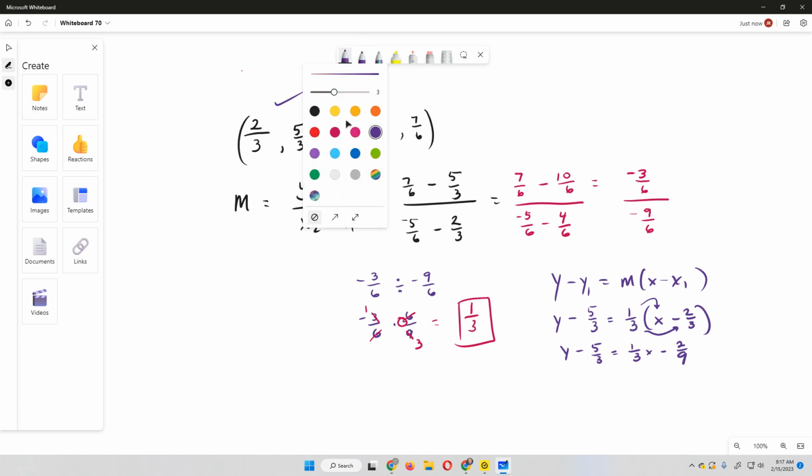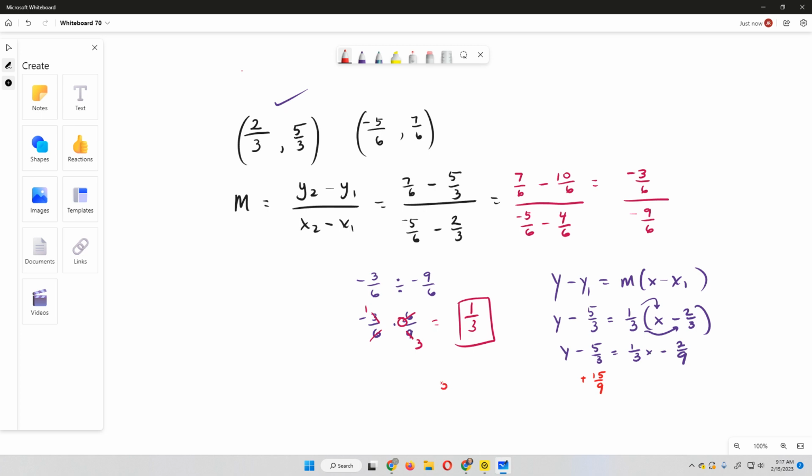And so let's change colors. So here I'm going to add 15/9. And where do I get 15/9 from? The common denominator is 9, and if I multiply by 3 and 3, I get 15/9.